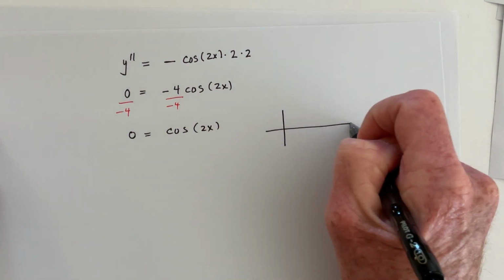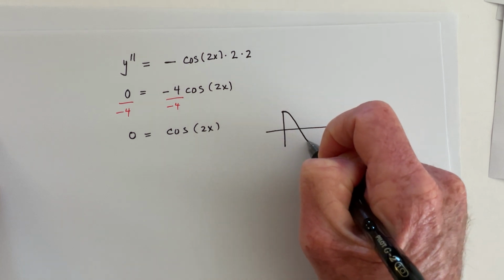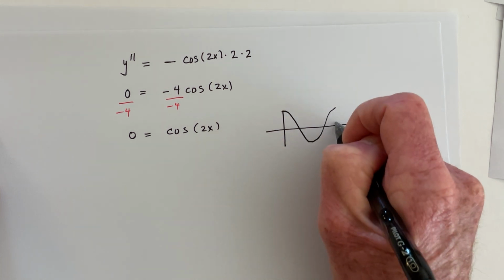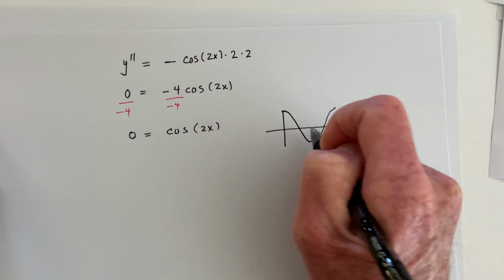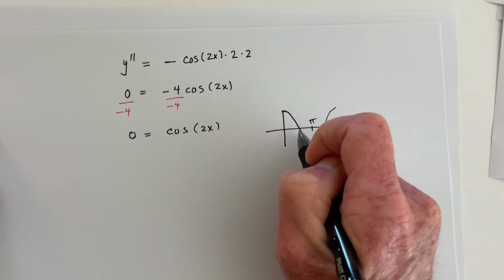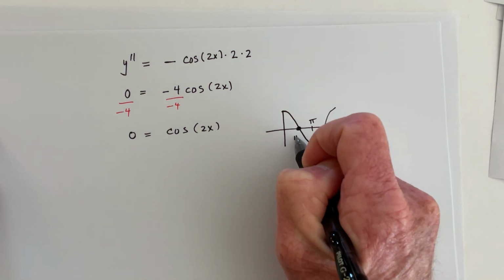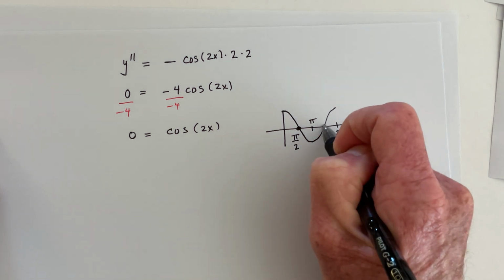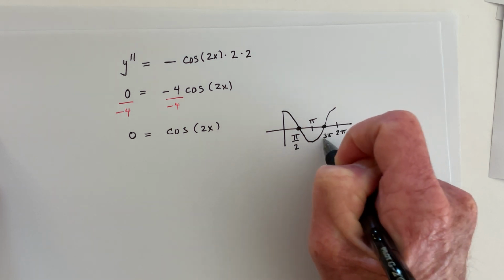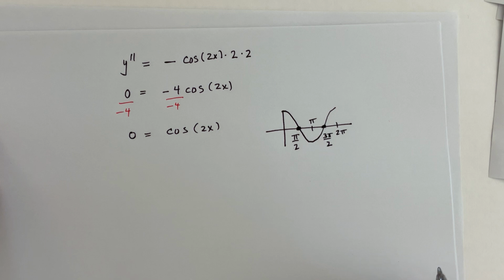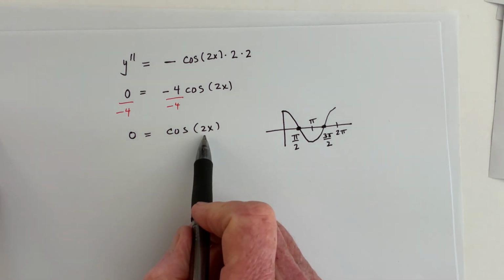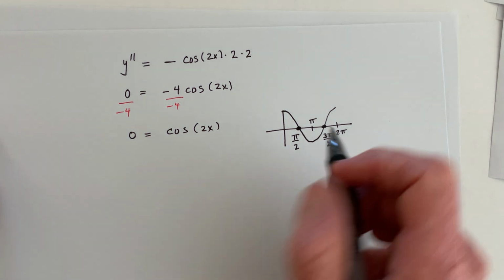So if you look at the cosine graph, ignoring the 2x for a moment, here's the cosine graph, and where it equals 0 is at pi over 2 and 3 pi over 2. And because this says 2x, we actually need twice as many answers, so we need 2 more.